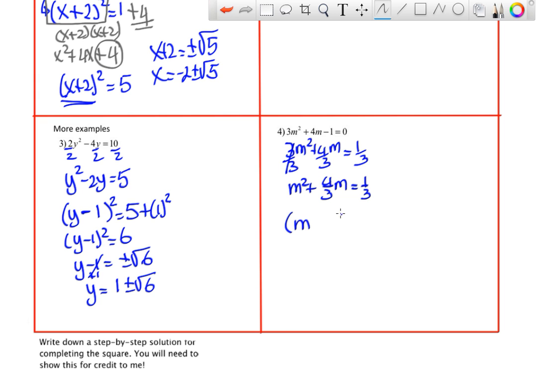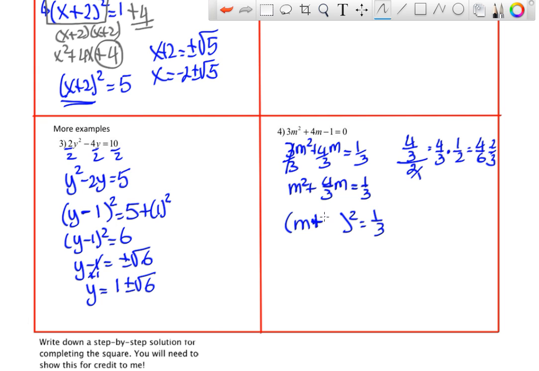You can still write this as m squared equals 1 over 3. That's a plus. So now what I need to do is 4 over 3 divided by 2, which would be 4 over 3 times the reciprocal of 2 over 1, which is 1 over 2. So that's 4 over 6, which would be 2 over 3.